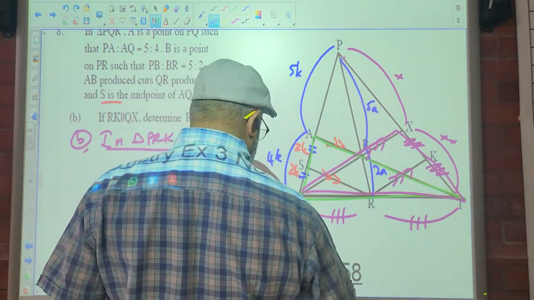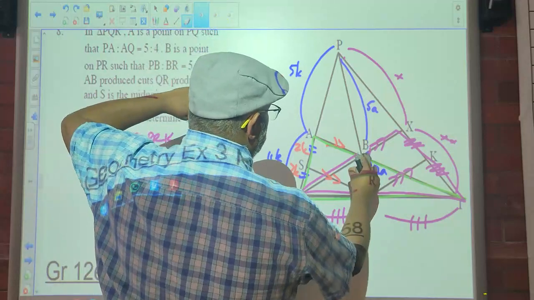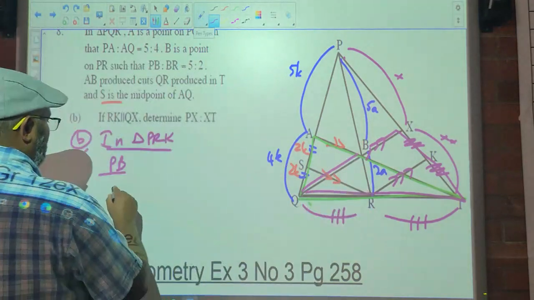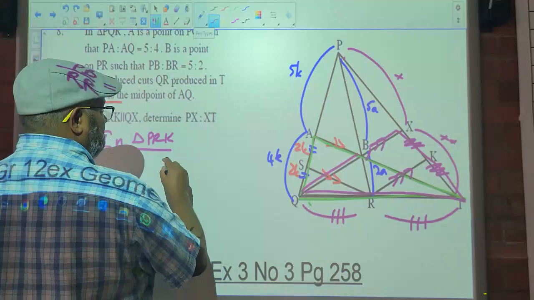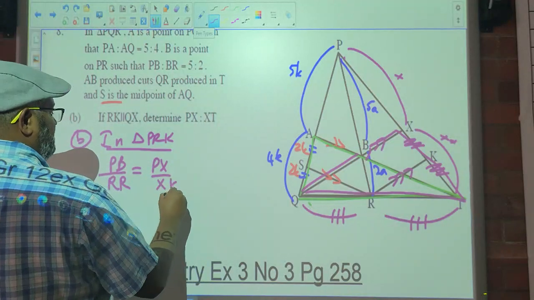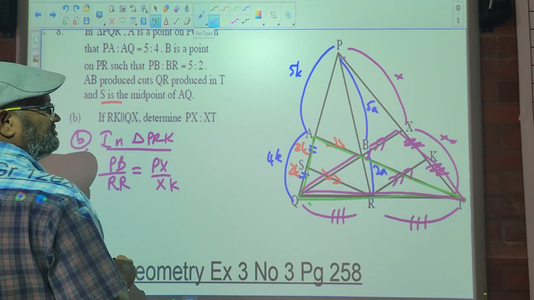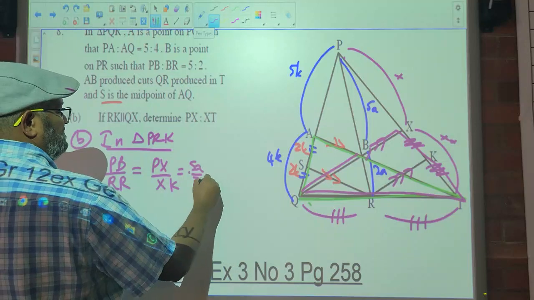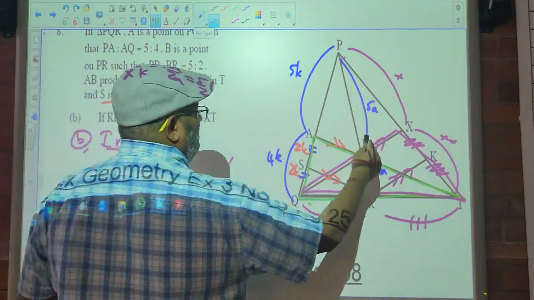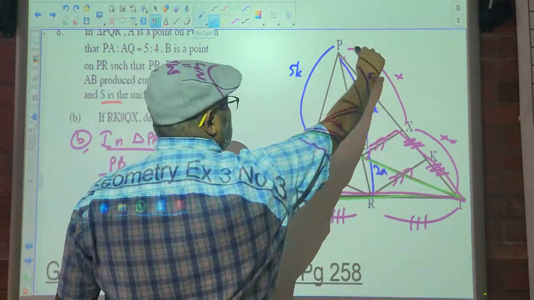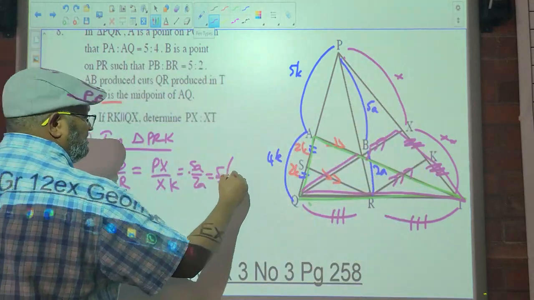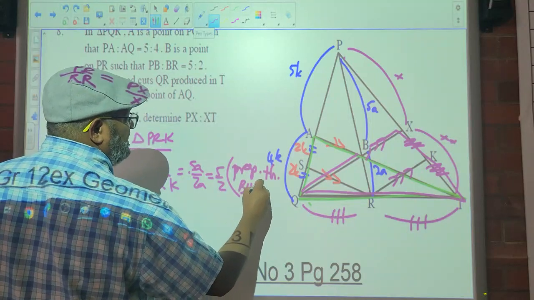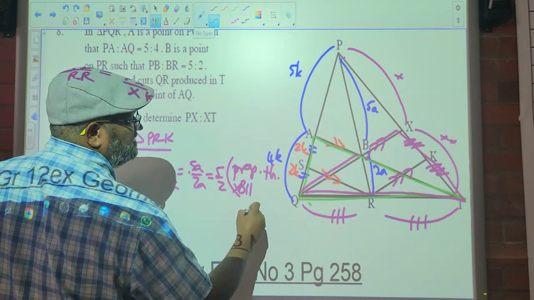So PB over BR is equal to PX over XK, which is equal to 5a over 2a, which is 5 over 2. Why is PB over BR equal to PX over XK? Because of the proportionality theorem, with BX being parallel to RK.